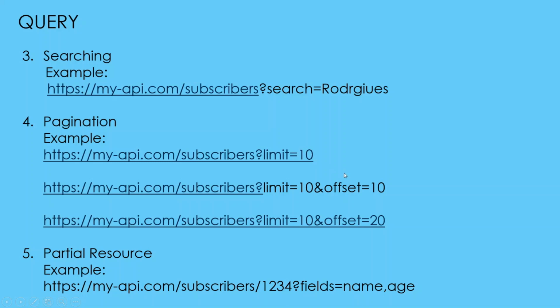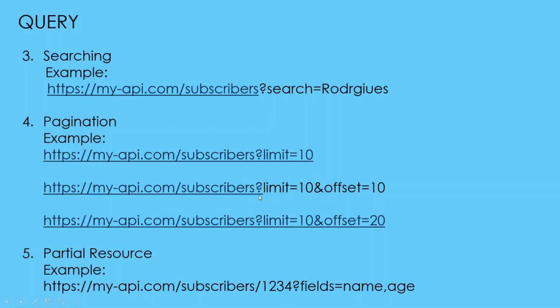Now when you specify the offset query param, in the first case it returned you 10 records. This was the first call, limit equal to 10 without any offset. In the second call, you have specified the offset of 10, so it will return you the next 10 records.